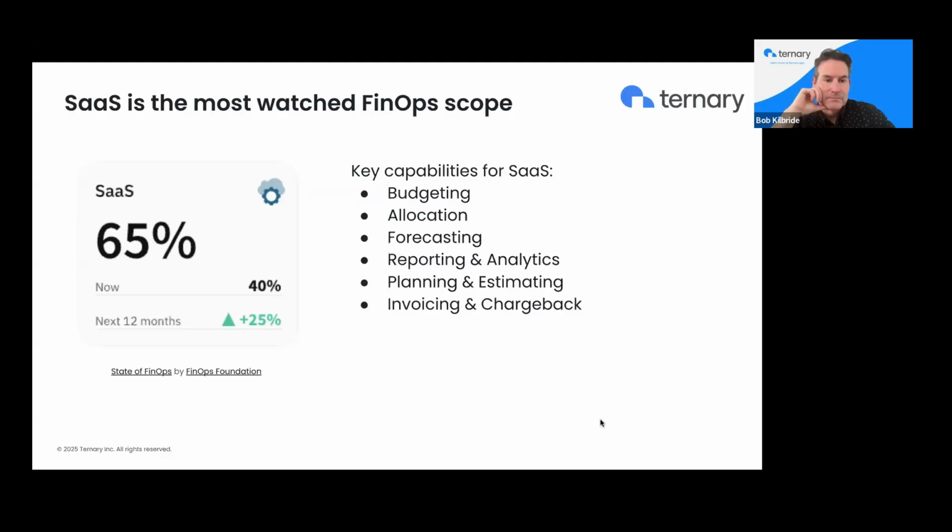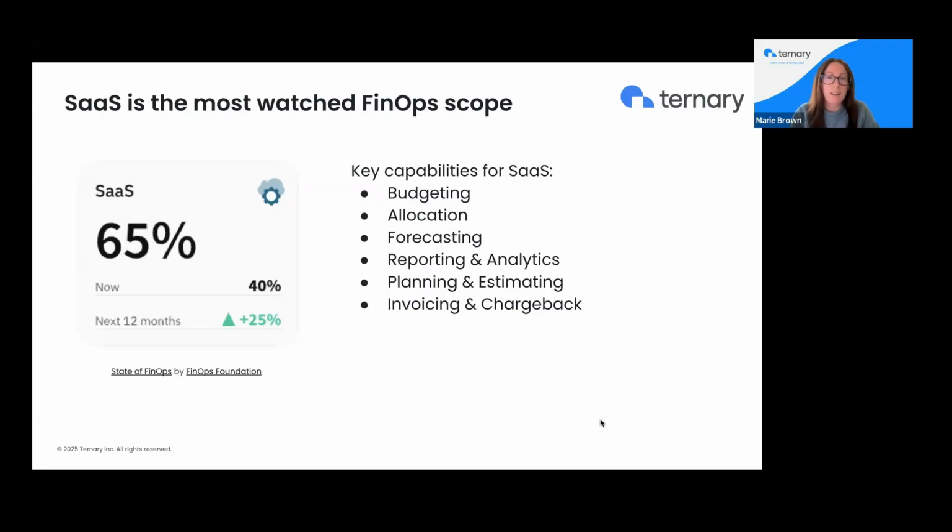Right on. So starting with SaaS: in the past year, the FinOps Foundation introduced the expansion of what they call FinOps Scope. Historically, the sole scope for FinOps was public cloud spend. After a lot of community feedback, and feedback from vendors like us who've had many conversations with customers, we're seeing that a lot of practitioners want to expand beyond public cloud and apply some of these best practices and principles to other areas of spend.